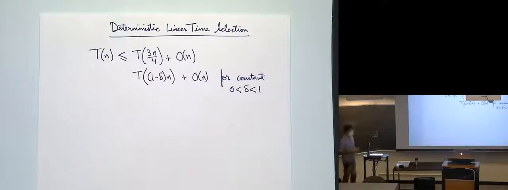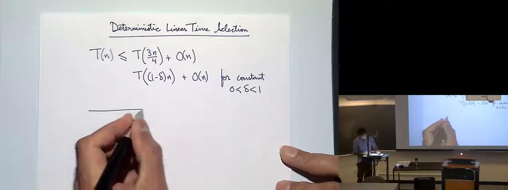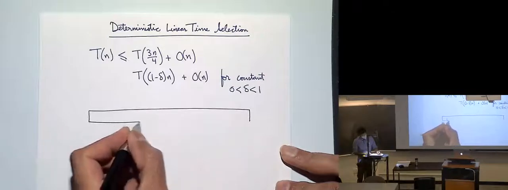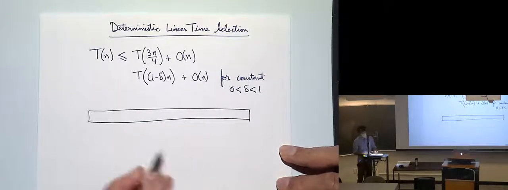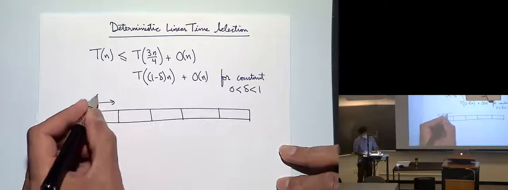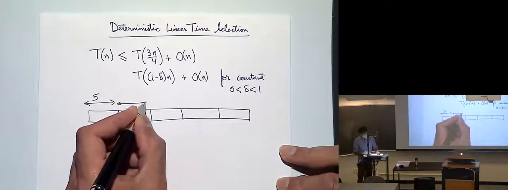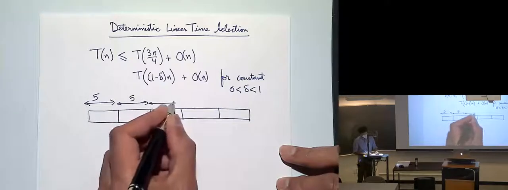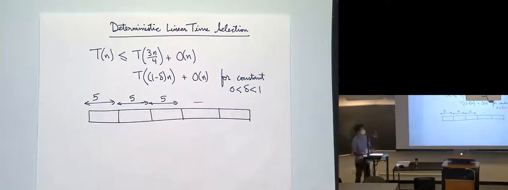So here is a really crazy divide and conquer procedure. You're going to take your array, and we're going to break it up into chunks of 5. Okay, that's easy enough. Break it up into chunks of 5.